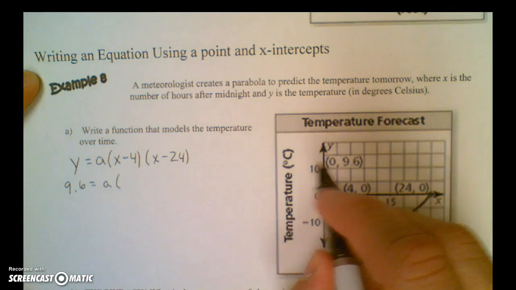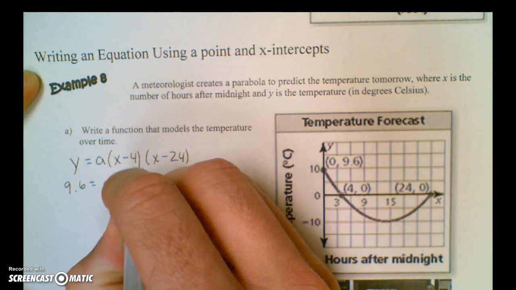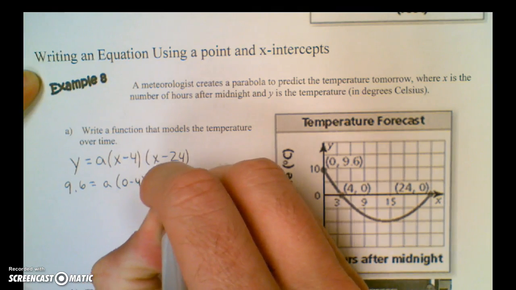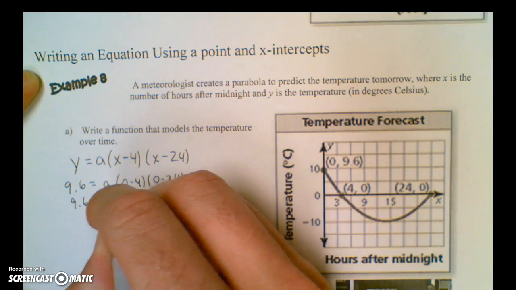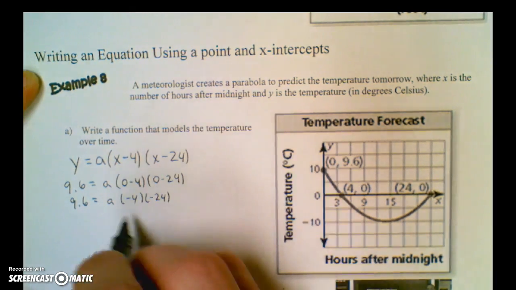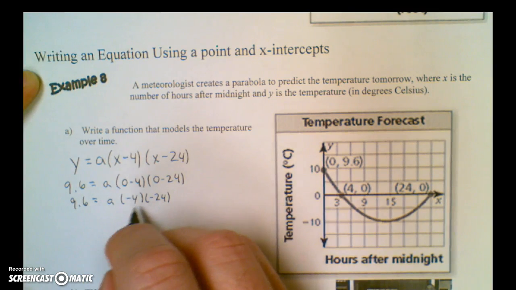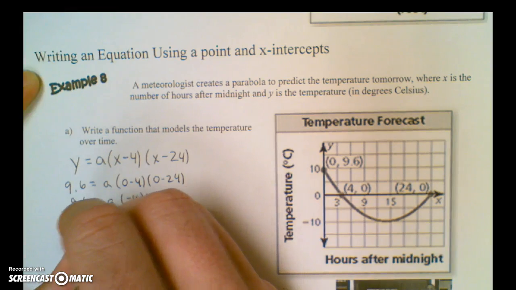If I plug in 0 for x, 0 minus 4 is negative 4. Let me just write that out. So 9.6 equals a times negative 4 times negative 24. Negative 4 and negative 24 gives me positive 96.